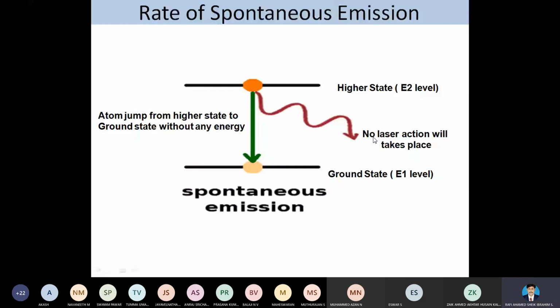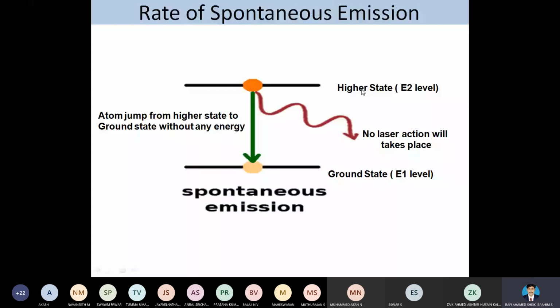This line is the ground state, which I have taken as the E1 level, energy 1 level, ground level. This line is considered the higher state, which I have taken as the E2 level. The atom is now in the higher level.